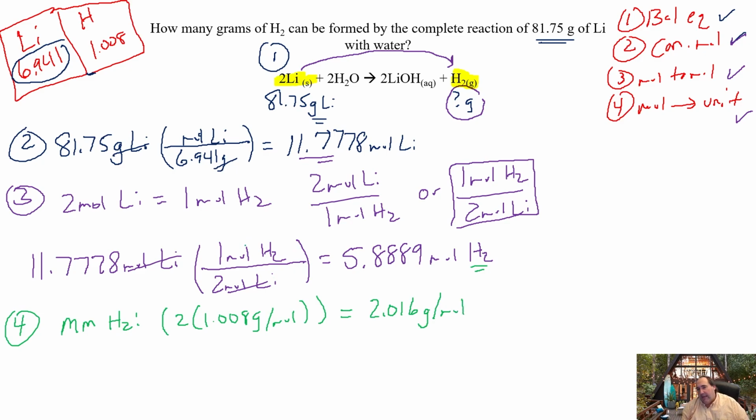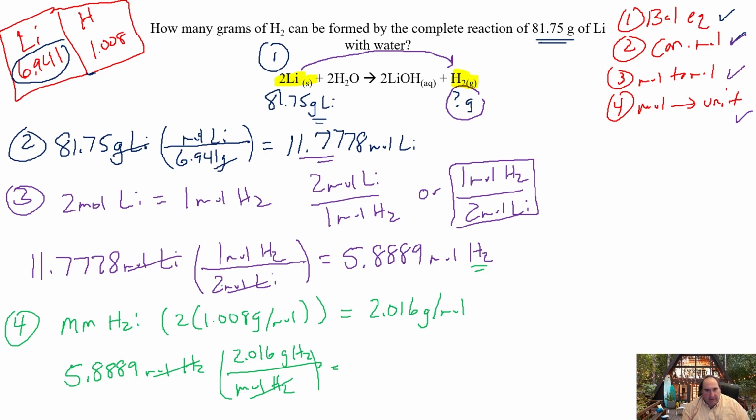And we're going to again use that as a conversion factor. So 5.8889 moles of H2. Again, we want moles to cancel, so we can go on the bottom with moles of H2 is 2.016 grams. Moles are going to cancel, and that's going to get us 2.016.